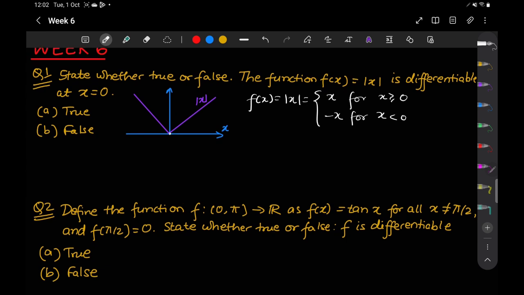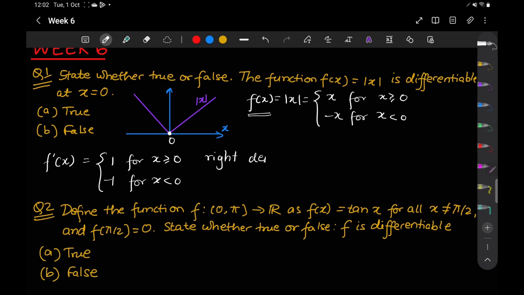Now we need to look at this point x equals 0. So from this f(x), if we write down the derivative, we see that it will be plus 1 for x greater than or equal to 0 and negative 1 for x less than 0. And we clearly see from here that the right hand derivative is not equal to the left hand derivative.